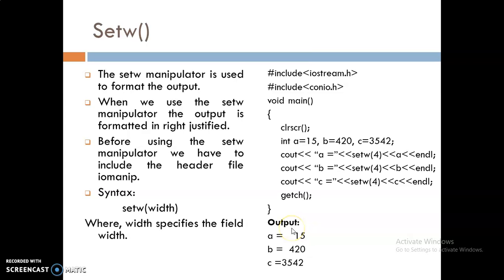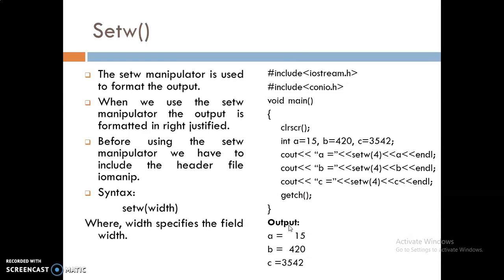So the setw manipulator is used to format the output. Users, if they are interested, can add this as a manipulator in the program just to make the output better. When we use the setw manipulator, the output is formatted right justified. It means the digits or characters are moving to the right side. Before using the setw manipulator, we have to include the header file iomanip.